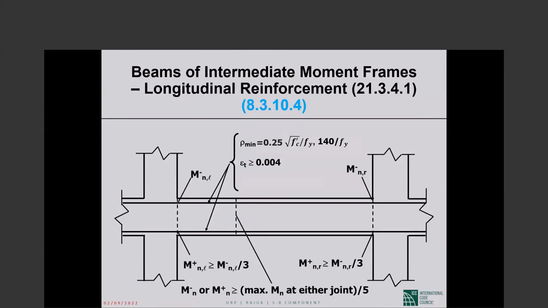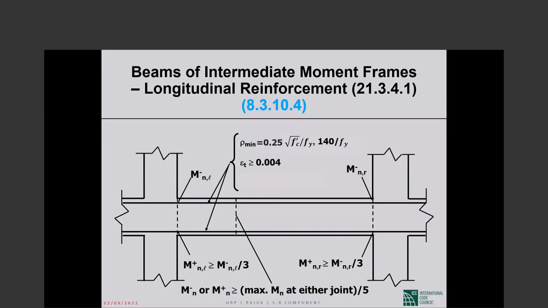Okay, intermediate moment frame beams. The top as well as the bottom reinforcement. Here, the 21.3 section does not say two continuous bars, top and bottom, but I will show you that that is required by section 21.2, which applies to design category B and higher.